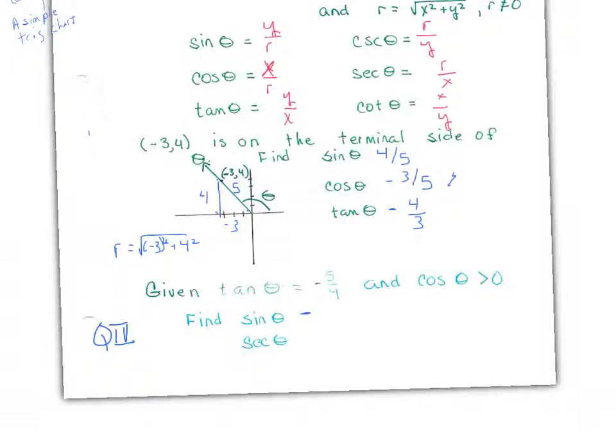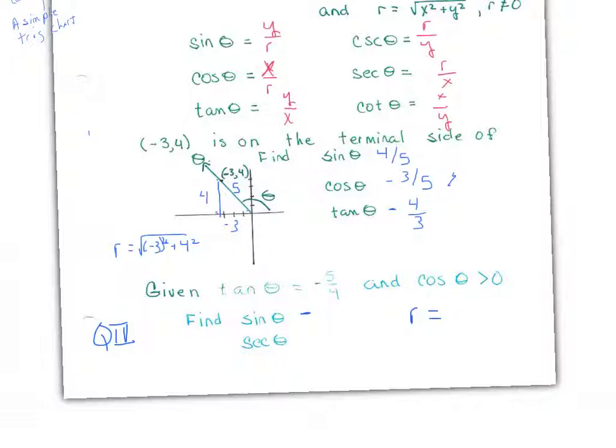And we know that the tangent, which is y over x, is 5/4. So if I know that, can I find out what r is? We know that it's negative 5/4, so that means the y is the part that's negative.